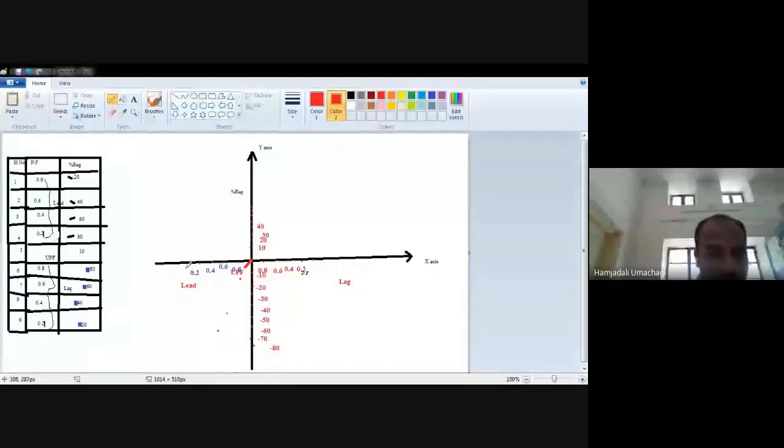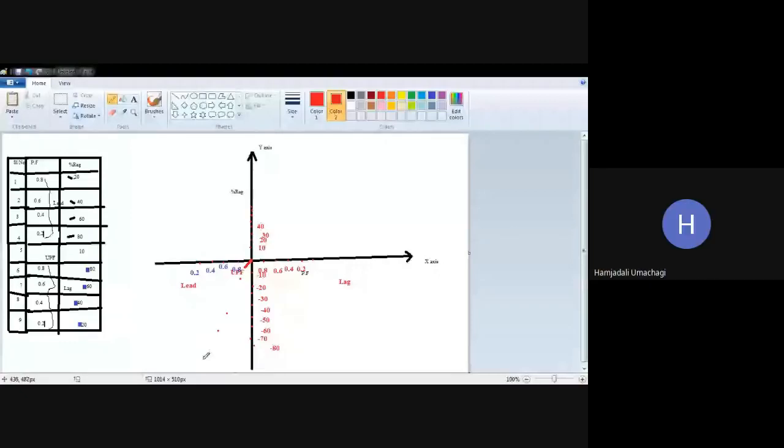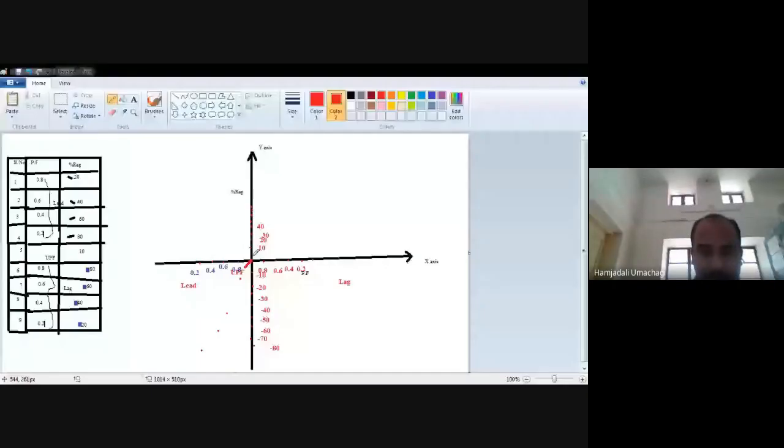Then 0.4 means this. Then 0.2, minus 80. Leading means this side, minus 80 regulation. On average, it will be here.